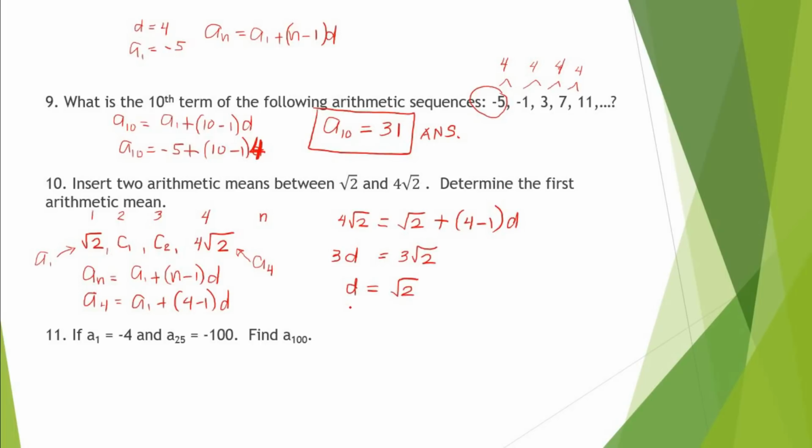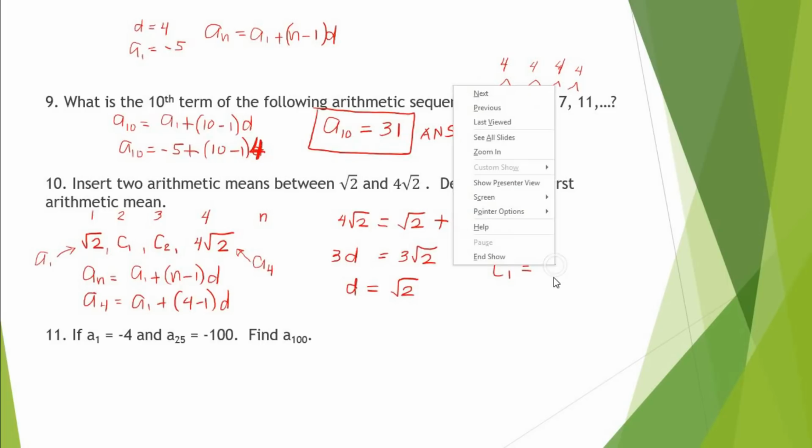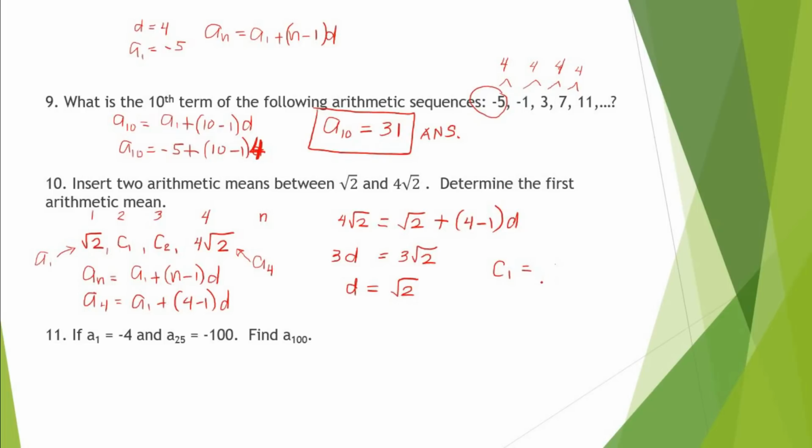Our D is equal to square root of 2. And our first arithmetic mean would simply be equal to the first term, A1, plus the common difference, which is square root of 2. Therefore, our C1 is equal to A1 plus our common difference.